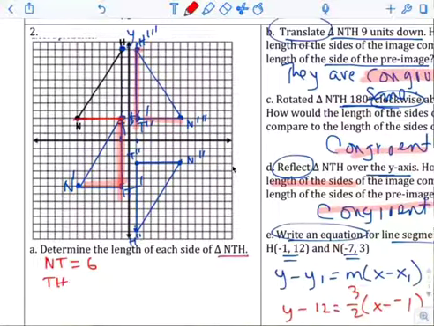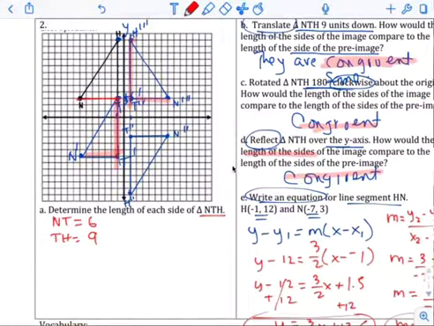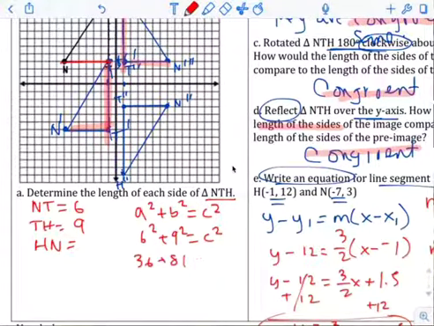T to H is 9. Then H to N, how long is that? Well, we don't know. a squared plus b squared equals c squared. 6 squared plus 9 squared equals c squared. 36 plus 81 equals c squared.